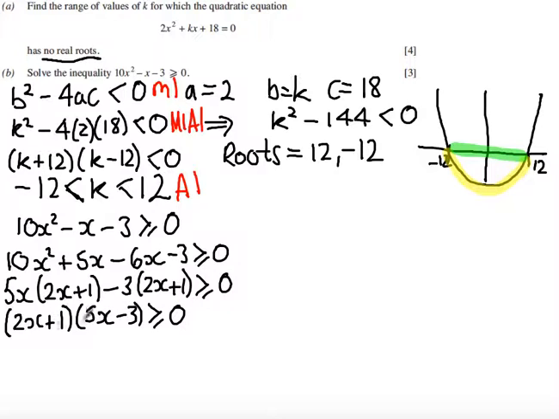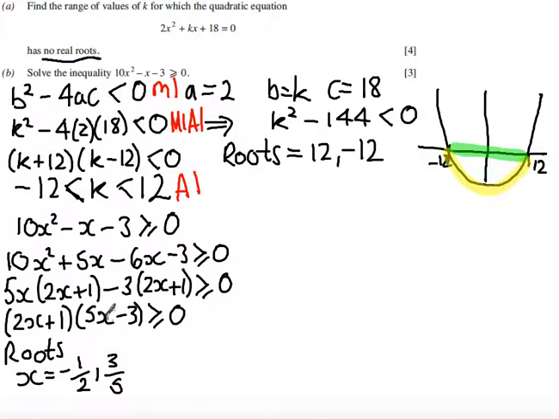Now, this is my quadratic. What I want to know is my roots, again, state your roots. Roots equals, if I've got 2x plus 1, it would be minus a half. And if I've got 5x minus 3, this will give me 3/5.